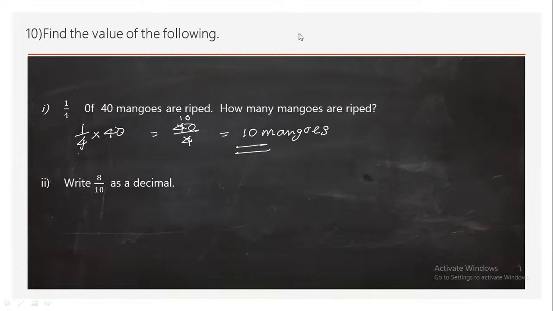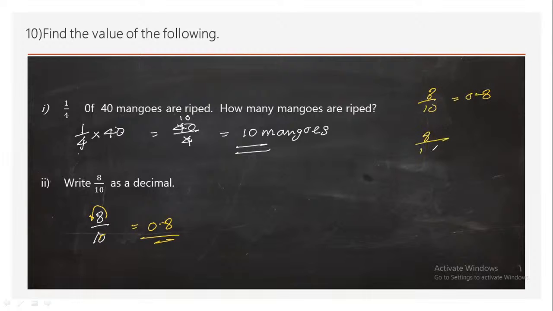You have to write this as a decimal, 8 over 10. What we have learned when we were doing the decimal lesson: when we are dividing by 10, it moves 1 decimal place towards the left-hand side. So you can write the answer 0.8. If 1 zero, again I will show you, 1 zero, 1 decimal place.